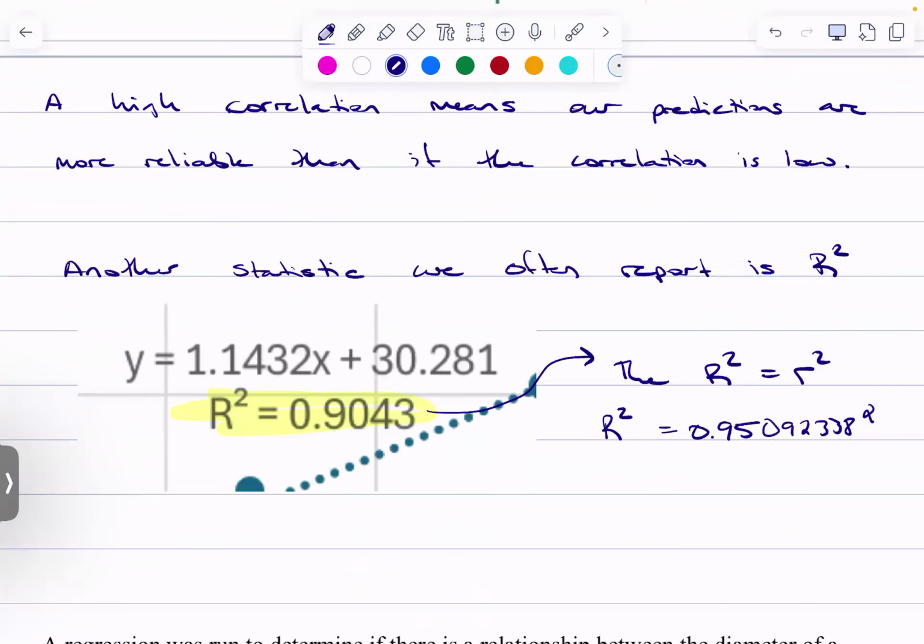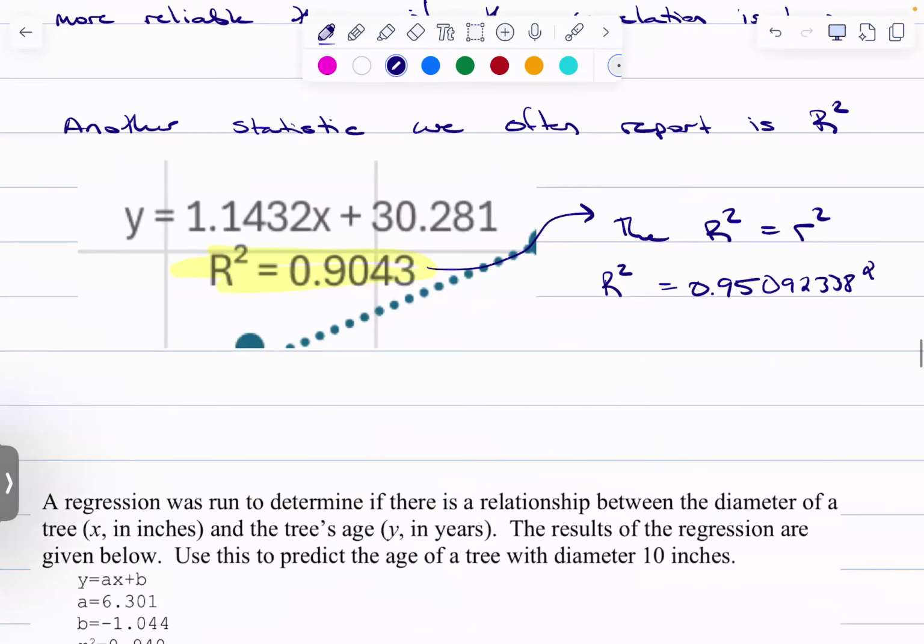Let's try it. I get an r squared of 0.904255276-ish.